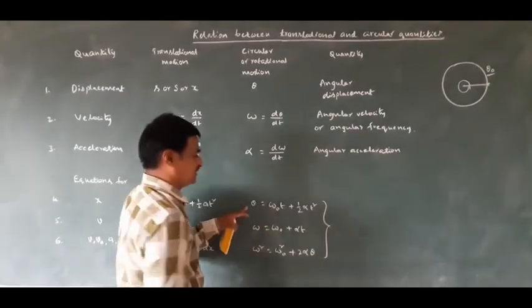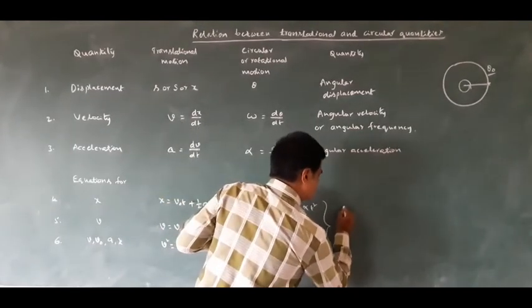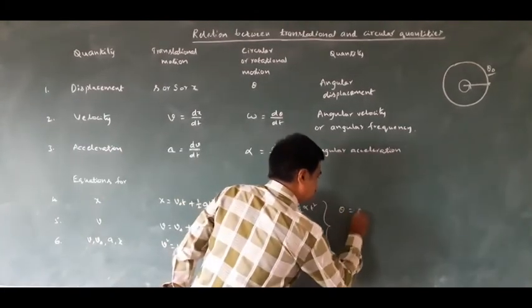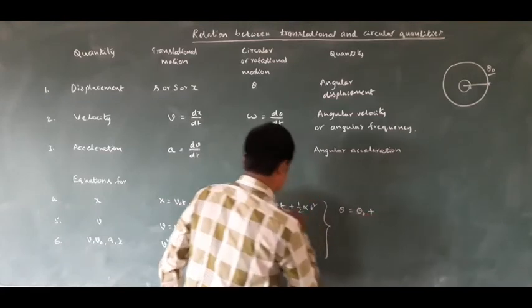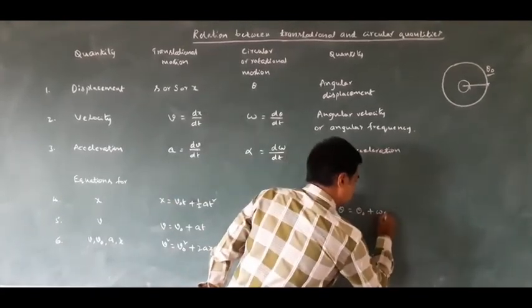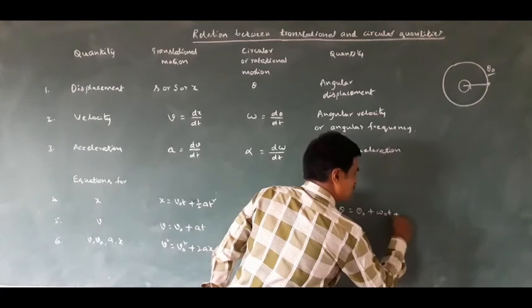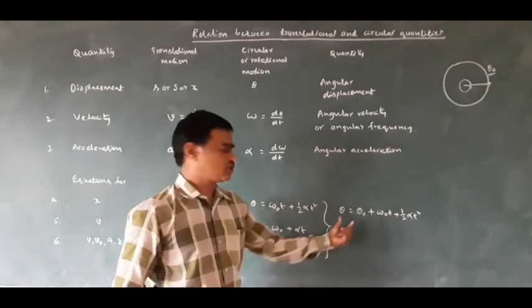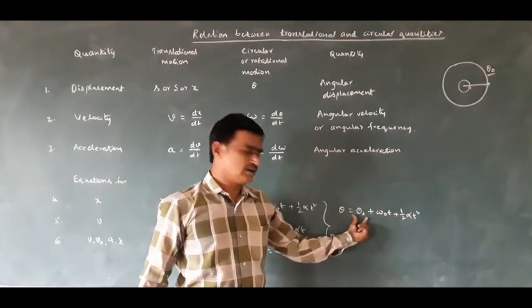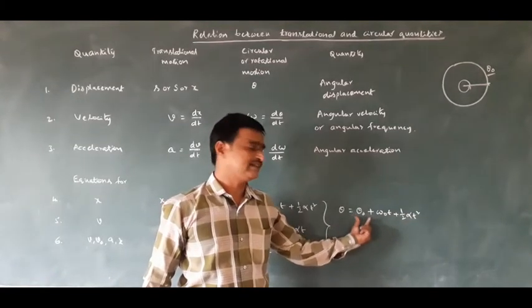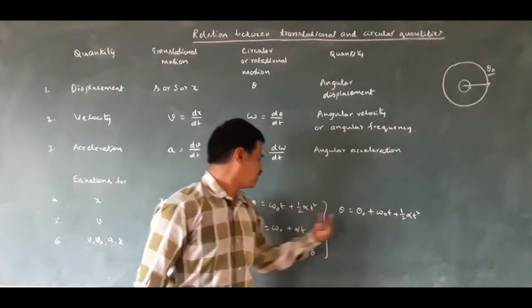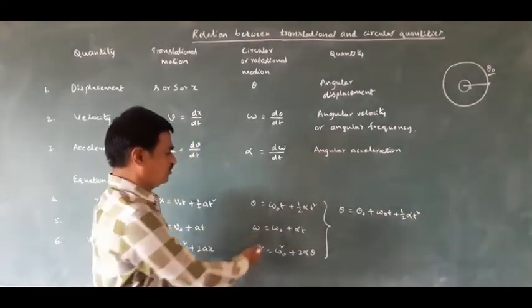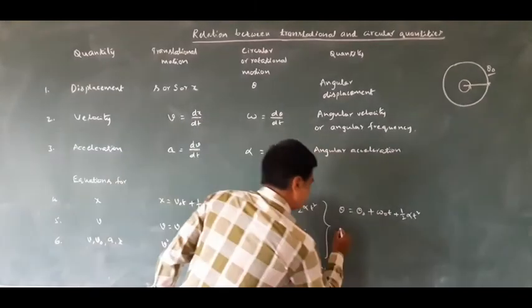Theta is equal to theta naught plus omega naught t plus half alpha t square. That is, if it starts from theta naught, we count from that value.